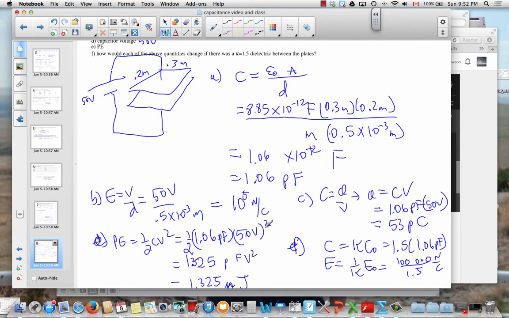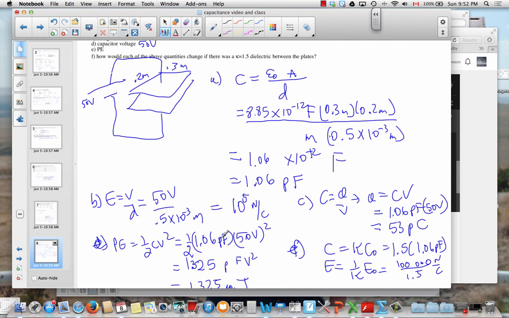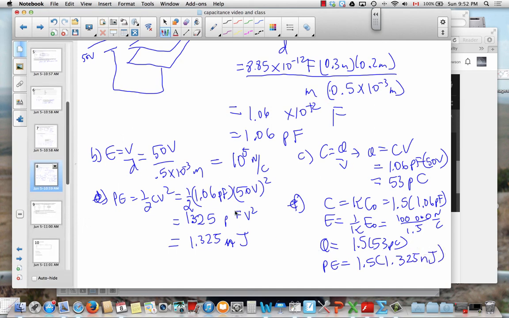The 50 volts doesn't change, but because the capacitance gets larger, so does the stored energy. Okay, so where was I? So the charge ends up being 1.5 times bigger, and the potential energy also ends up being nanojoules, 1.5 times bigger. And that concludes our introduction to capacitance.